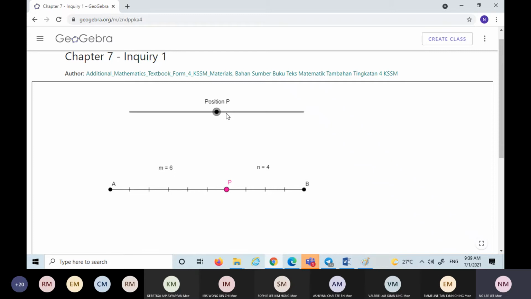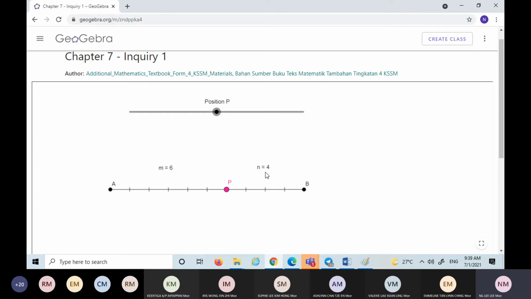How do we get this ratio? From A to B, you count how many equal parts they divide it into. The small parts: 1, 2, 3, 4, 5, 6, and then 1, 2, 3, 4. All together is 10. So P divides A and B following this ratio m is to n.